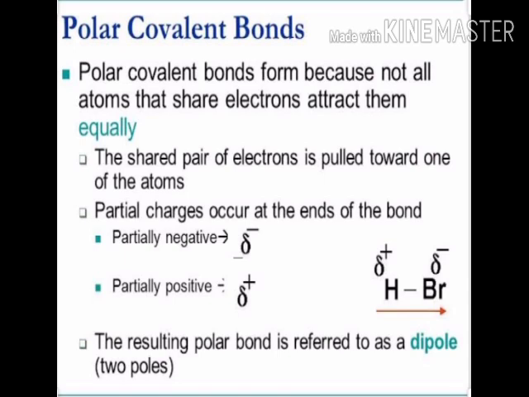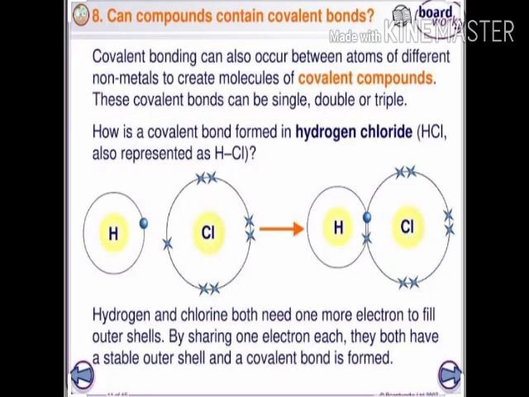So the atom which pulls the electrons obtains a partial negative charge, as is seen in the molecule of HBr, and the atom which loses them develops a partial positive charge. So thereby a dipole is obtained.